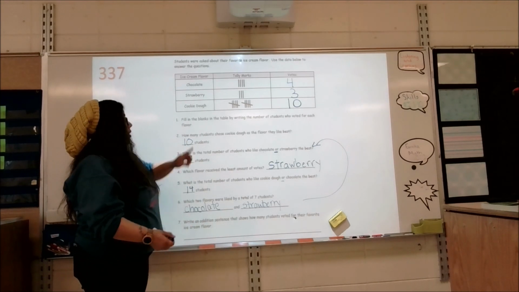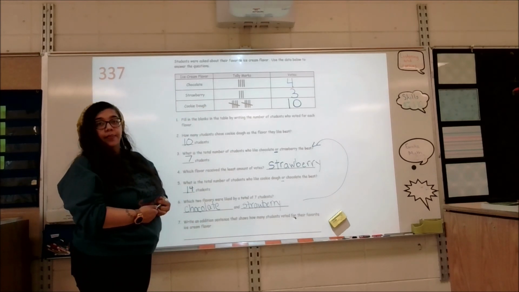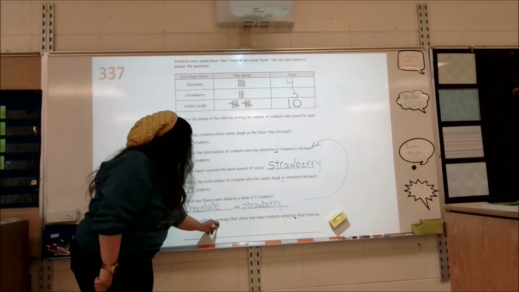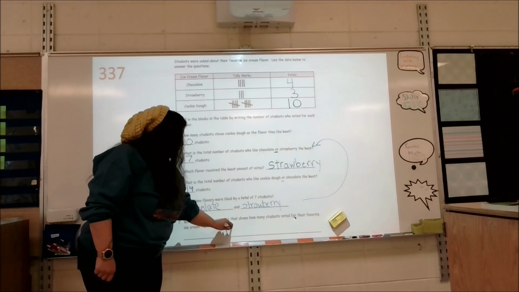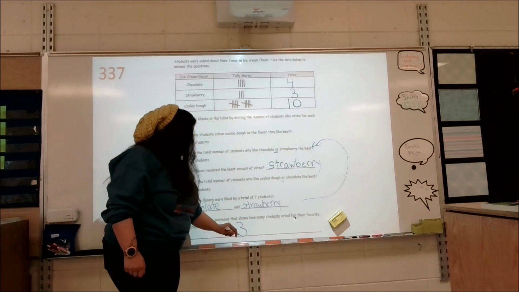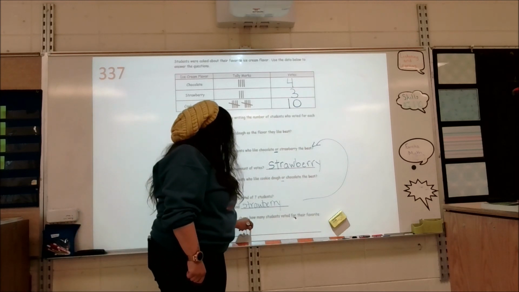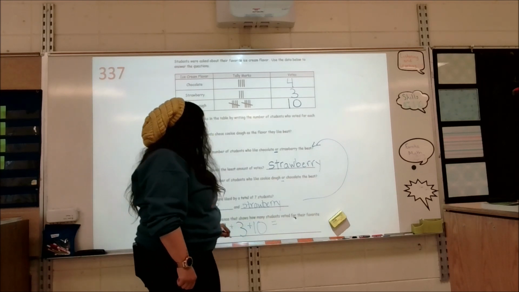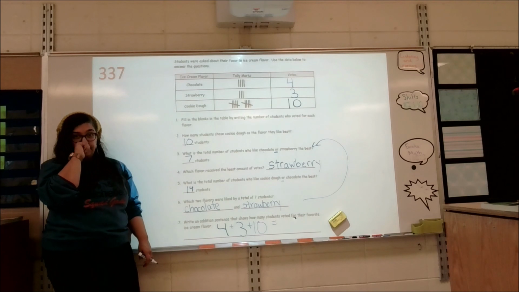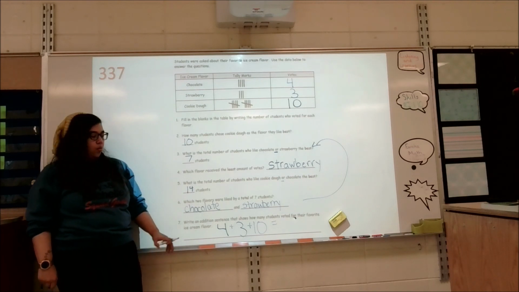Okay, so chocolate as a number is what? So chocolate as a number is 4. So chocolate plus 3 strawberry plus 10 cookie dough is equal to what? What is 4 chocolate plus 3 strawberry plus 10 cookie dough?